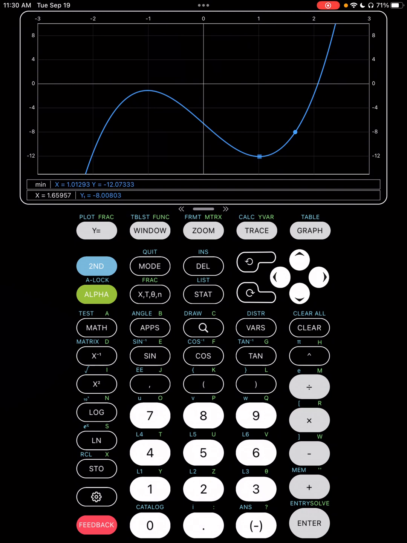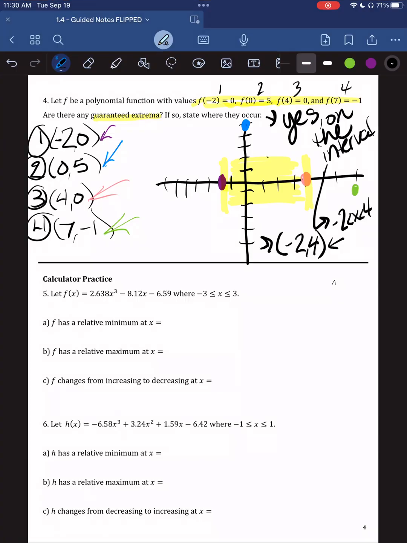When I did that, down in the bottom left, it says minimum x equals 1.01293. Remember, for the purpose of the AP exam, we're always going to 3 decimal places. So the relative minimum here would be at x equals 1.013.